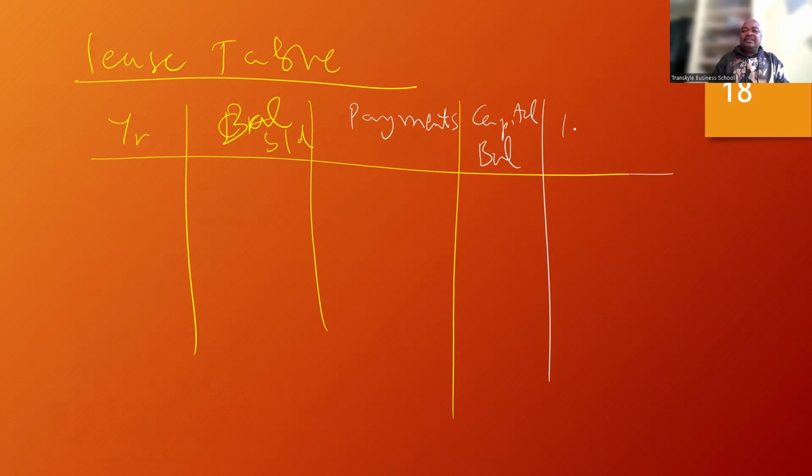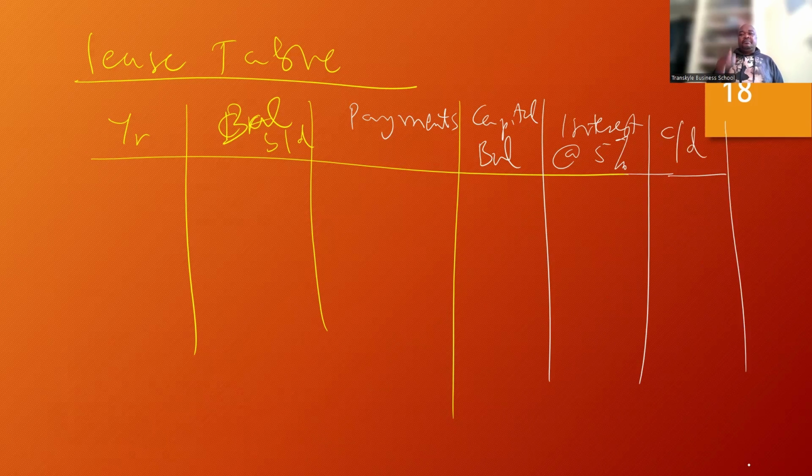Then we have the interest at 5%. Then we have the closing balance, the balance carried down.